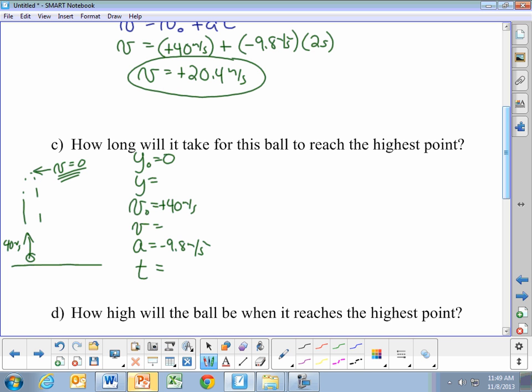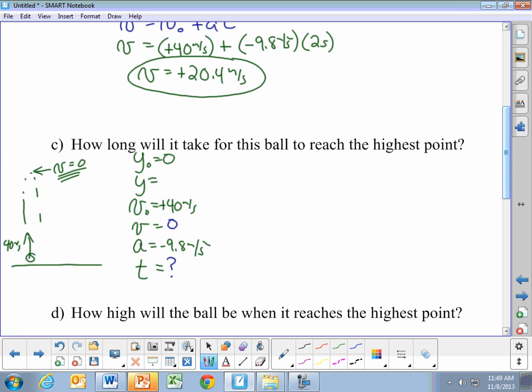Part C is asking at what time is it at the highest point. So it's saying at what time is the velocity equal to 0. One of the strategies for this is to understand how you can rephrase the question. The highest point, they're always referring to the point where the velocity is 0. So you're going to be looking for what is the height when the velocity is 0, or what is the time when the velocity is 0.